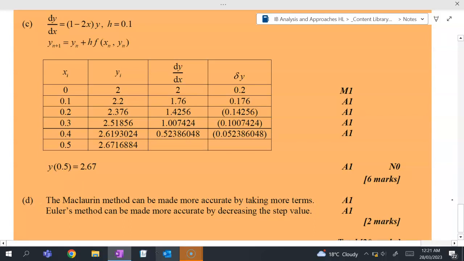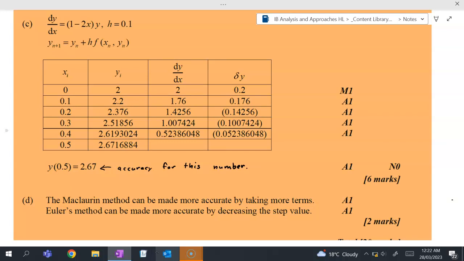Now, 2.67, I think you can appreciate that if you round any of your values too early, you're going to get something wildly different to 2.67. And notice that there's an accuracy mark for this number, meaning they're going to want you to get it. Now, in this case, we needed 2 decimal places to get 3 significant figures.